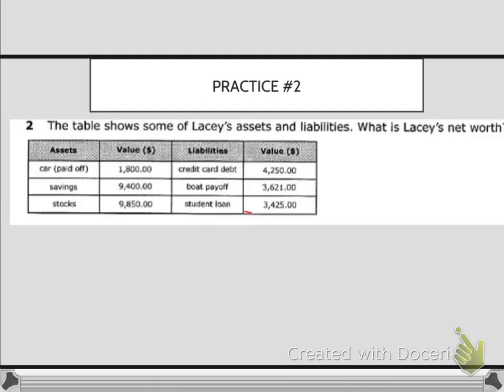But now let's look at Lacey's assets and liabilities. What is Lacey's net worth? So again, net worth equals your assets minus your liabilities. But we have to add up the total of them.